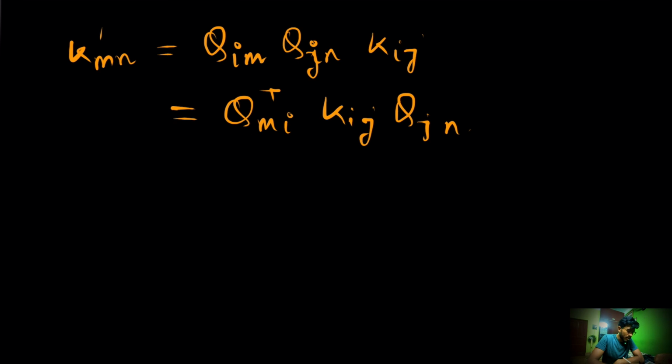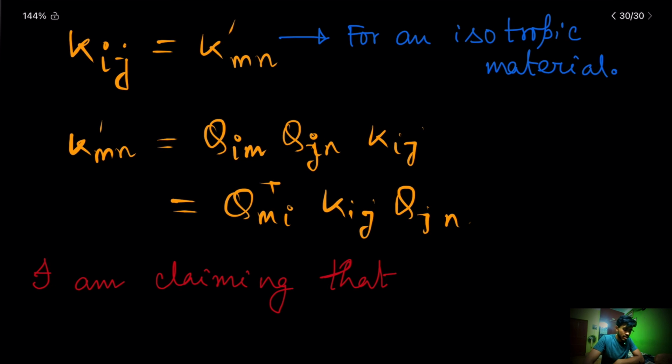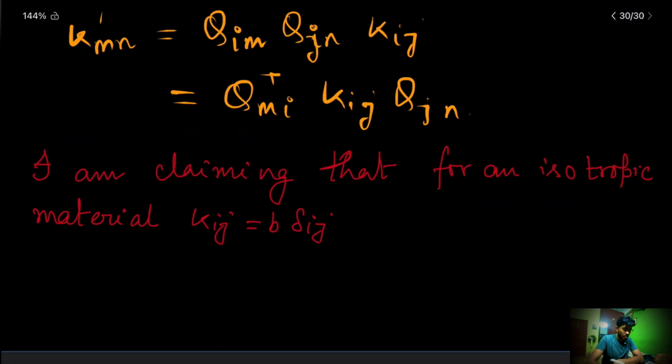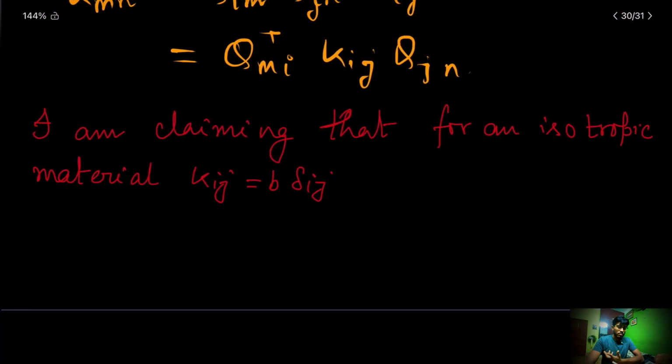I am claiming that for an isotropic material, Kij is given by B into delta Ij, that is B into the identity matrix, and this is only our claim.